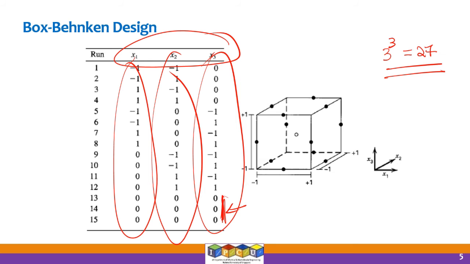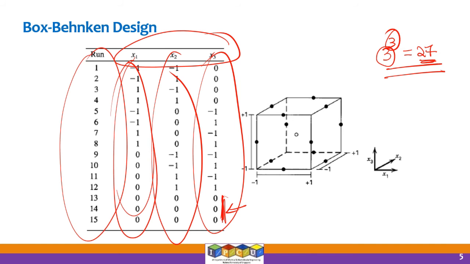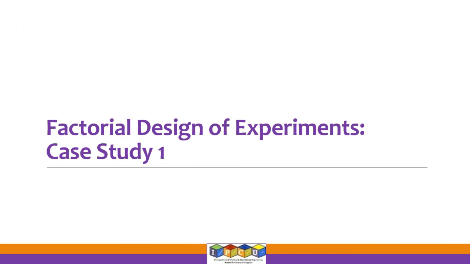You understand? 3 factors, x1, x2, and x3, each of them run at 3 levels, low, medium, and high. So 3 to the power of 3 will be 27 if you do a traditional factorial design. But this Box Behnken design does 3 levels in 3 factors using only 15 experiments, and that also includes replicates. So that's the power of the Box Behnken design. All right, so that is something that you may want to note.